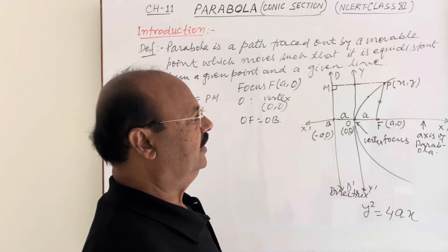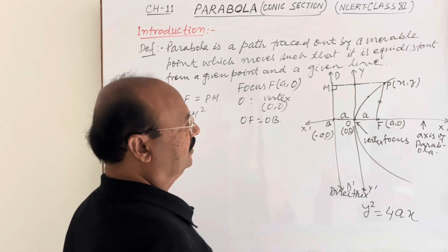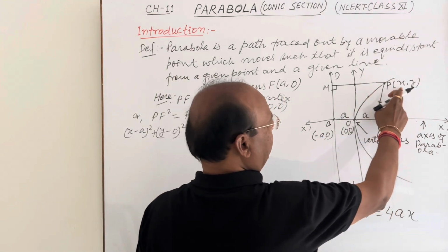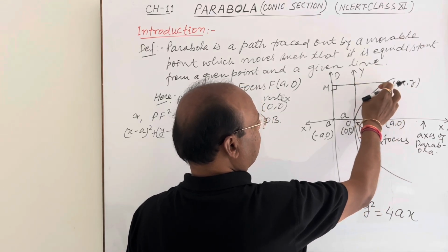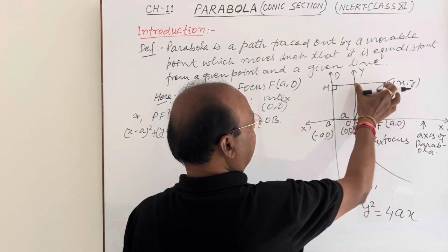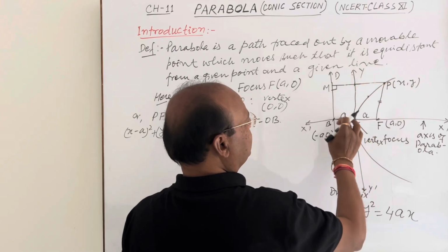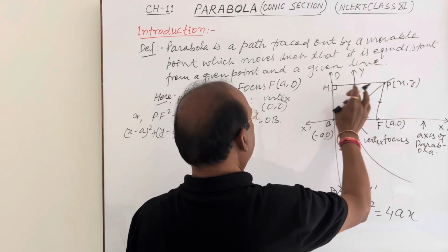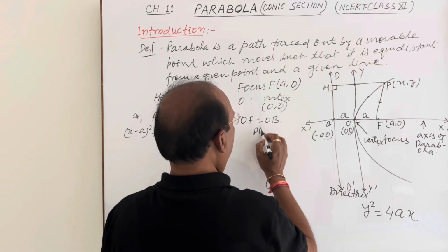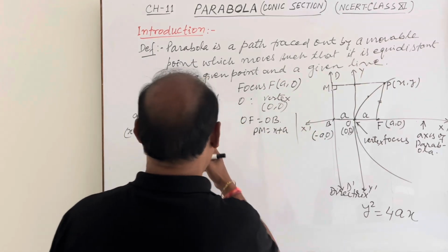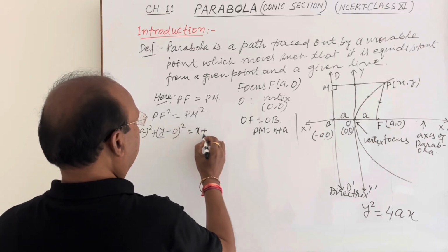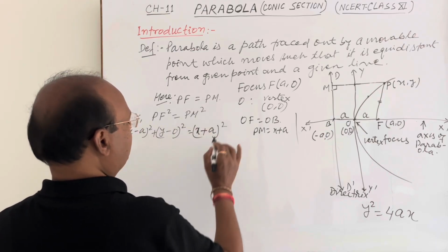PM will be x plus a. Here the x coordinate of this point P is x, so the distance of the point P from the y-axis is x, and this distance is a. So PM is x plus a. Okay. So in place of PM square, we can write (x plus a) whole square.